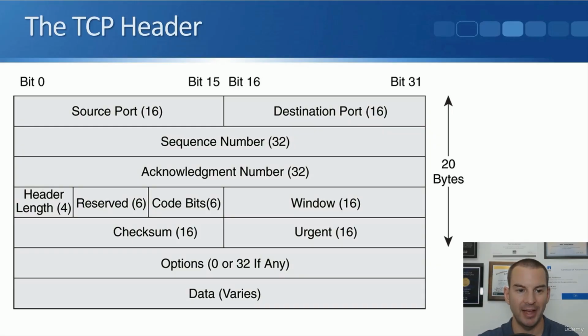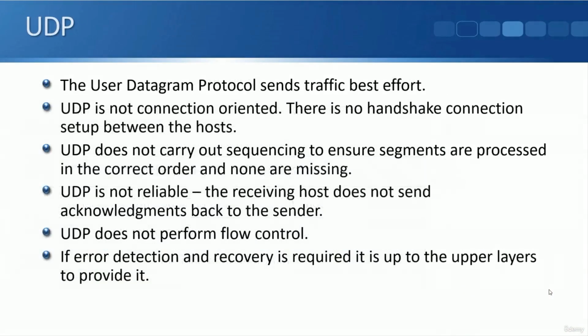We have a header length, a reserved field, which is for any reserved information later, code bits, window, which can be used for flow control, a checksum, which can be used to check if the traffic got corrupted in transit. We've got an optional urgent part of the header as well. We can add other options, and then we've got the data. So you see there's quite a lot that goes into the TCP header. We'll contrast that with the UDP header coming up in a minute.